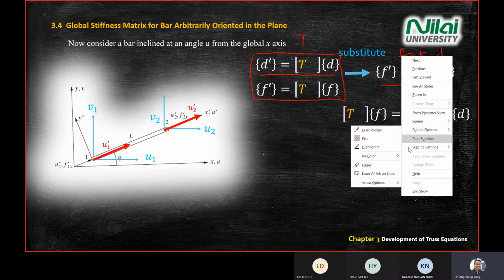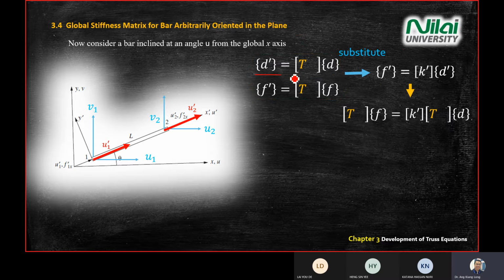Let me erase, a bit messy. This one, you substitute over here. This one, you substitute here. You use the F equal to KD matrix equation, and you use the transformation matrix equation.